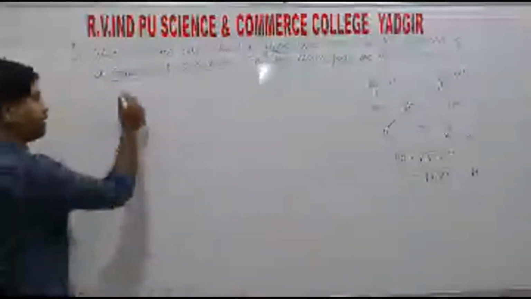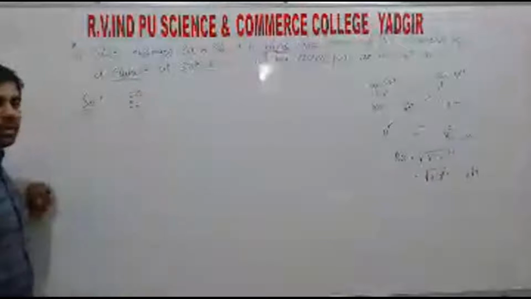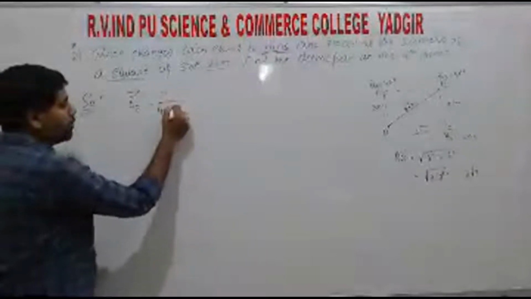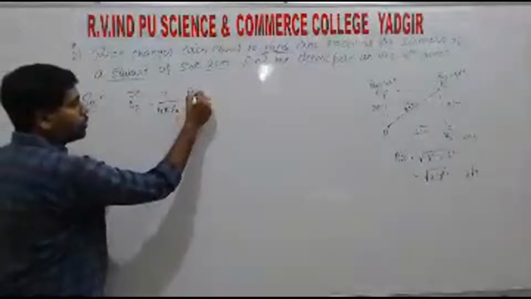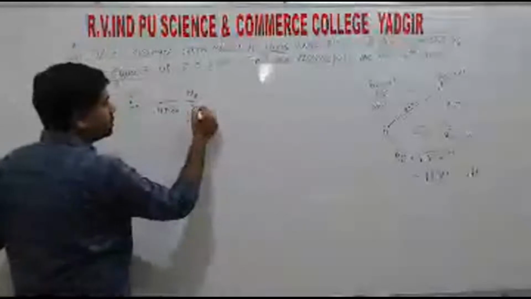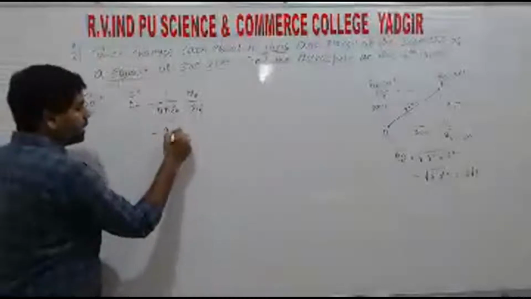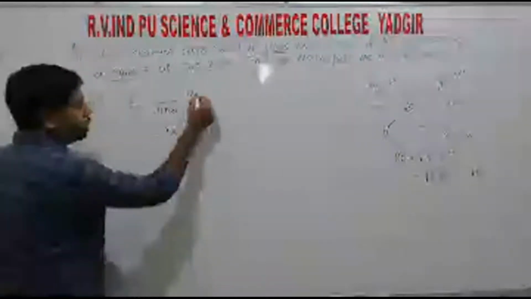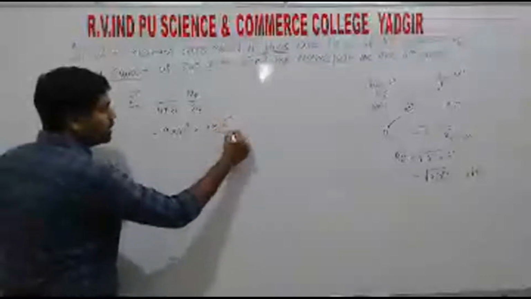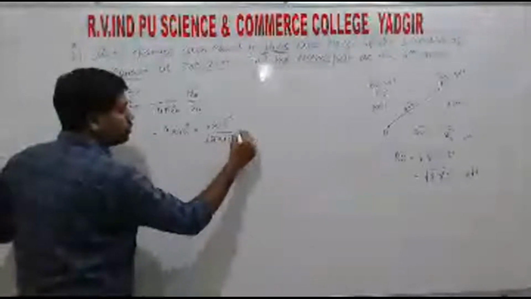So next, first we need to find the electric field at D due to A. That is given by E_D equals, we know the formula, 1 divided by 4 pi epsilon naught Q_A by R_A square. So this value we know, 9 into 10 to the power of 9 into Q_A value, 4 into 10 to the power of minus 9, divided by R_A distance 2 centimeter, that is 2 into 10 to the power of minus 2 whole square.